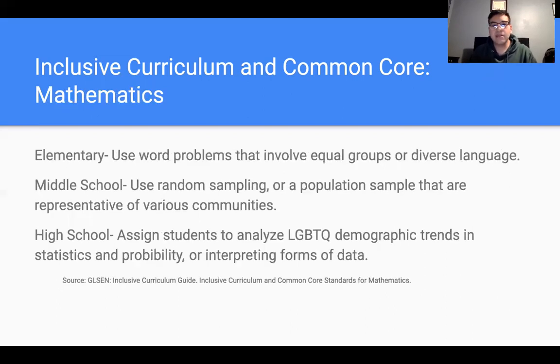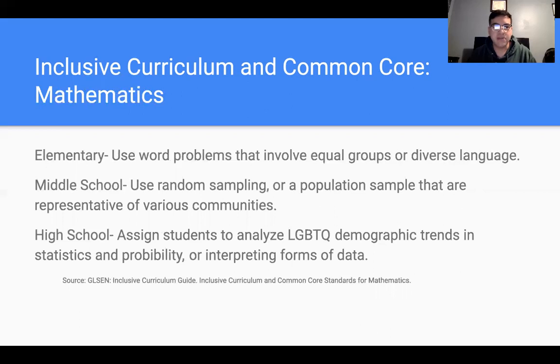And inclusive curriculum and Common Core in mathematics. In elementary school, you want to use word problems that involve equal groups or diverse language. So, maybe throw in different diverse families or people that they're not used to, not just the basics that everyone pulls from.